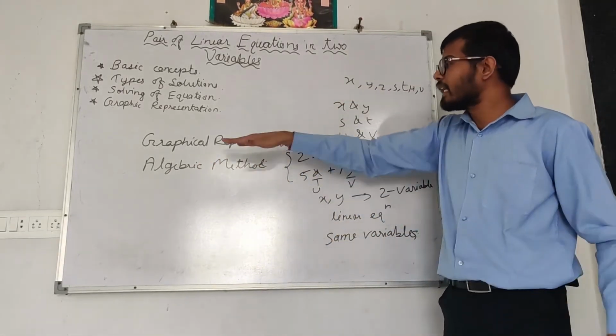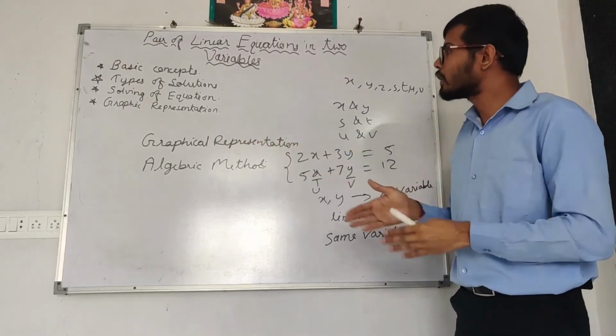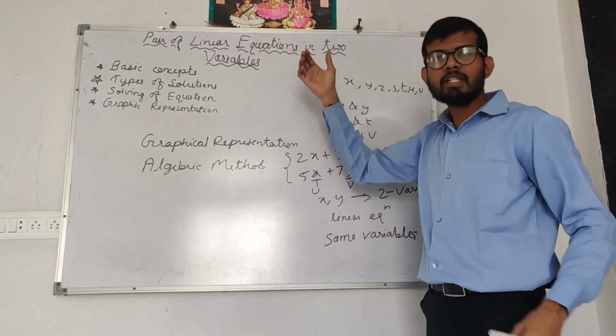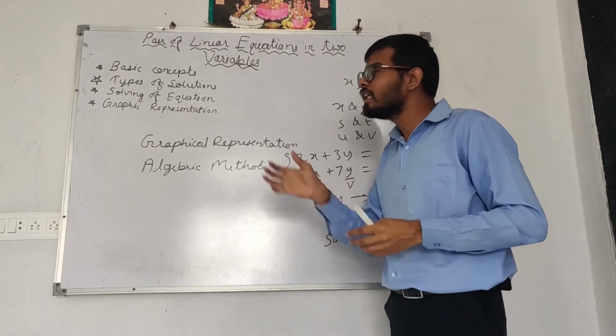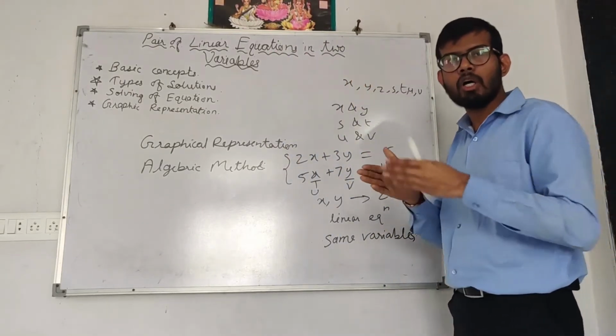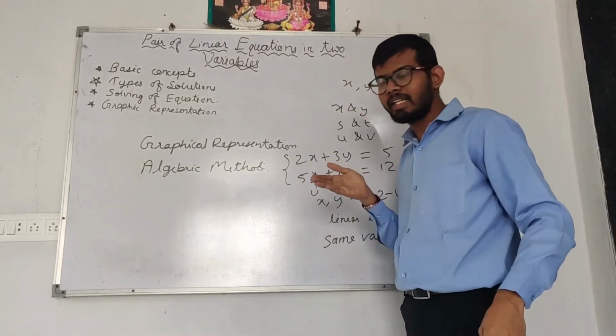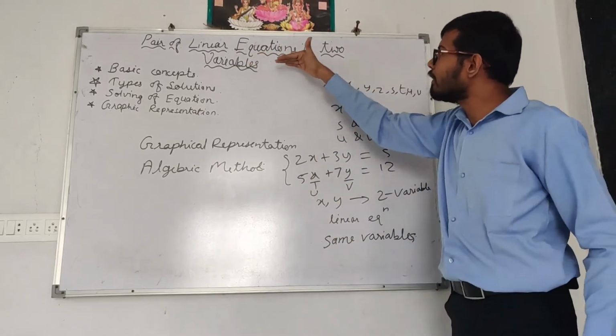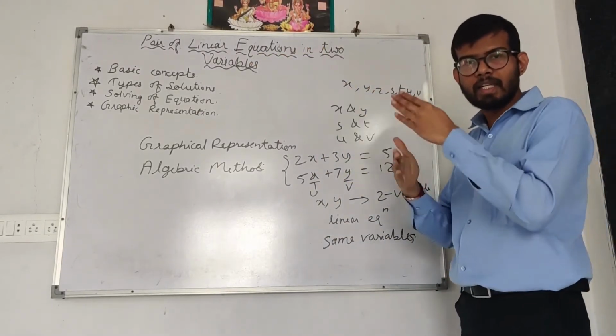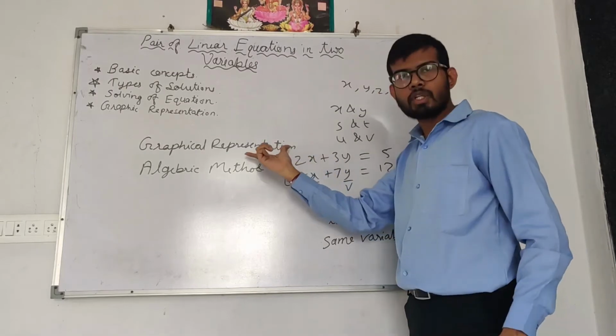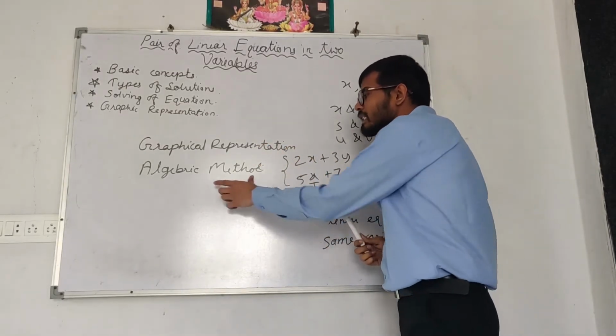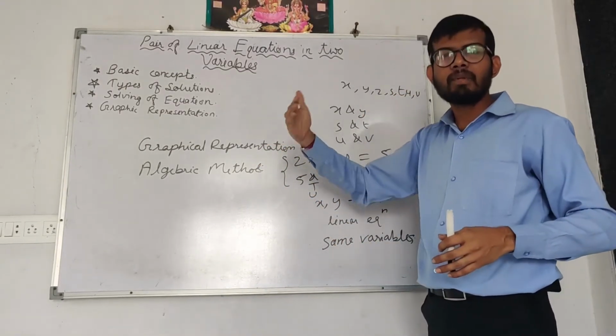In graphical representation, you will draw a line. In 9th class you have already studied that the solution of a linear equation on the graph will always be a straight line. So for this pair of linear equations, we will have two straight lines and we will get the solution from them. In the algebraic method, we have different methods.